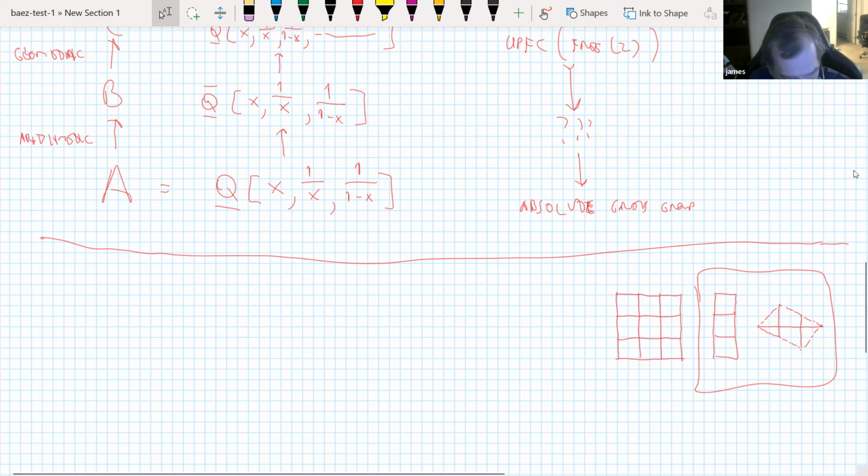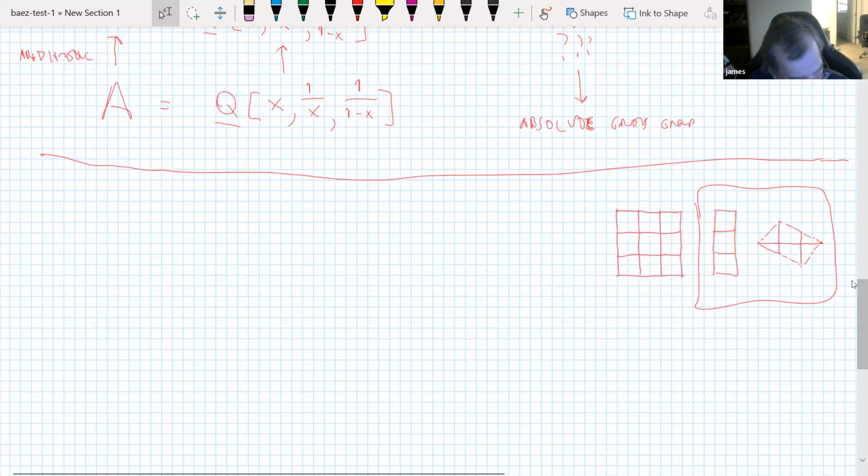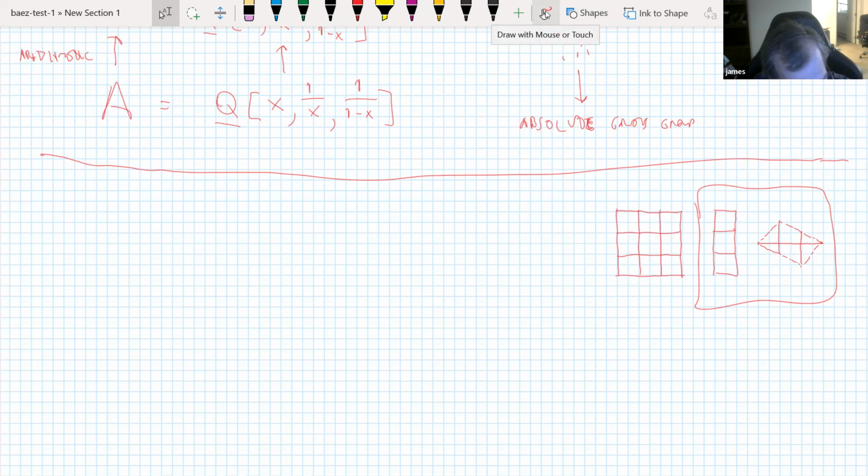I'm going to draw another one of these composable pairs of field extensions, or commutative ring extensions, or something like that. So at the bottom, I'm going to have the rational numbers. I hope this works.